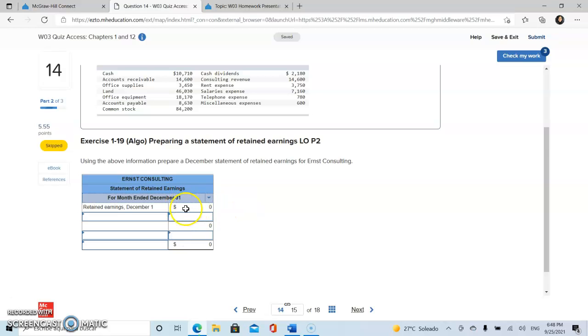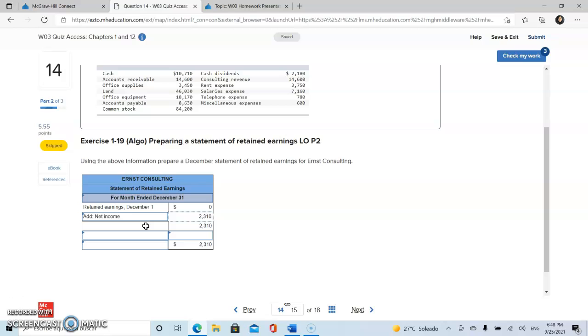The second line is retained earnings December 1st. In this case, the amount will be 0 because this is the first year of business for the company. Below, we put our net income that we got from our income statement.